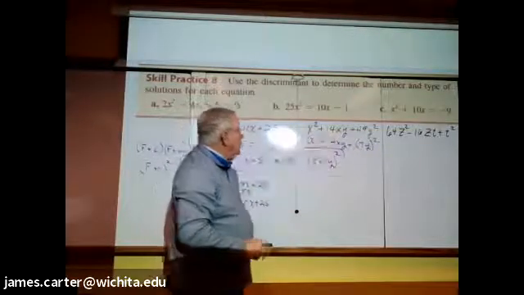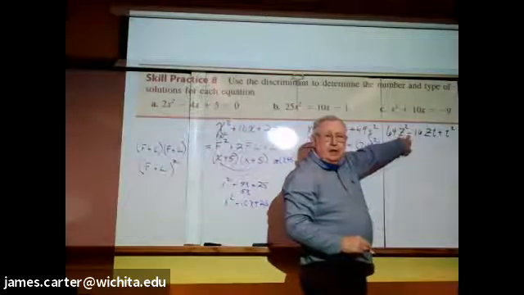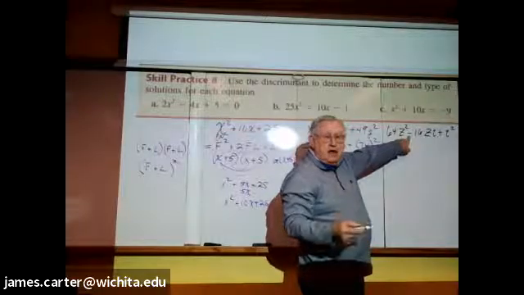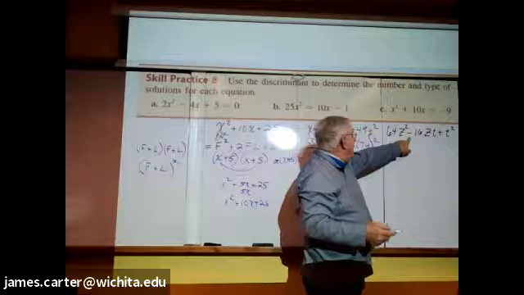Now let's go to my third example. I have something a little different here. I have a minus in the middle. Now, if you look at example B on that handout sheet I gave you, the rule fits for it.